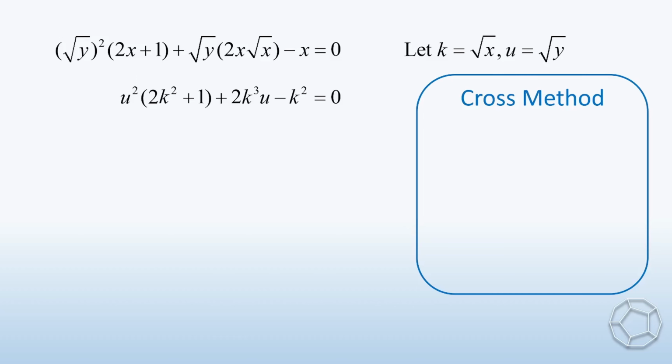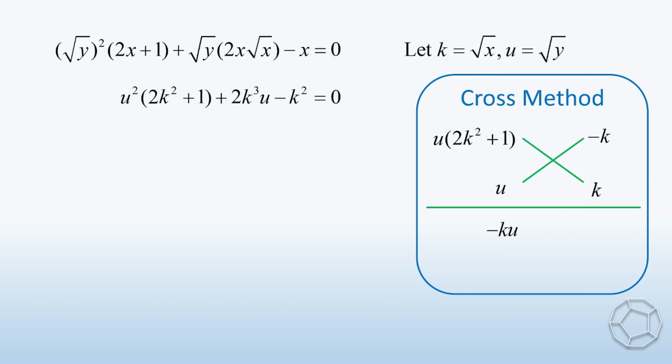Now, we separate the first term into u times bracket 2k squared plus 1 and u. For the constant term, it's the product of negative k and k. After cross multiplying, we get negative k times u plus k times u times the bracket term.